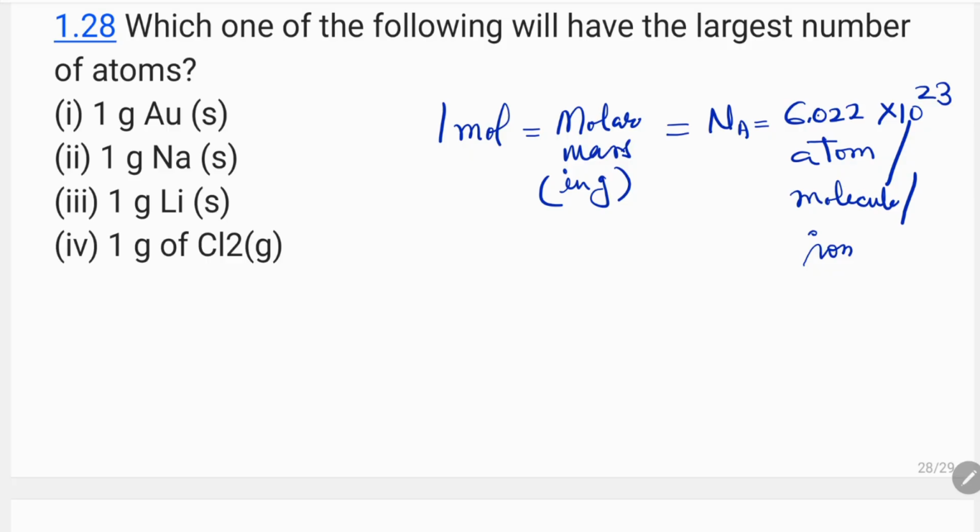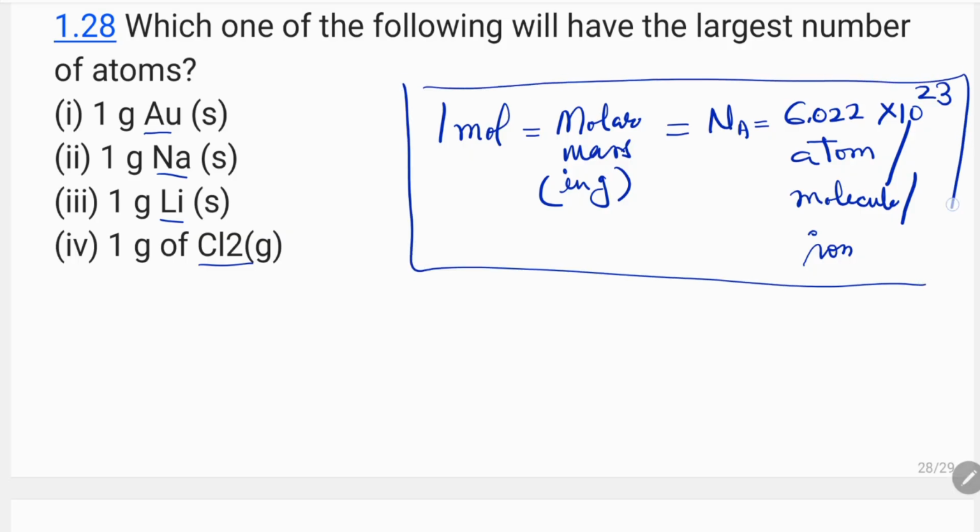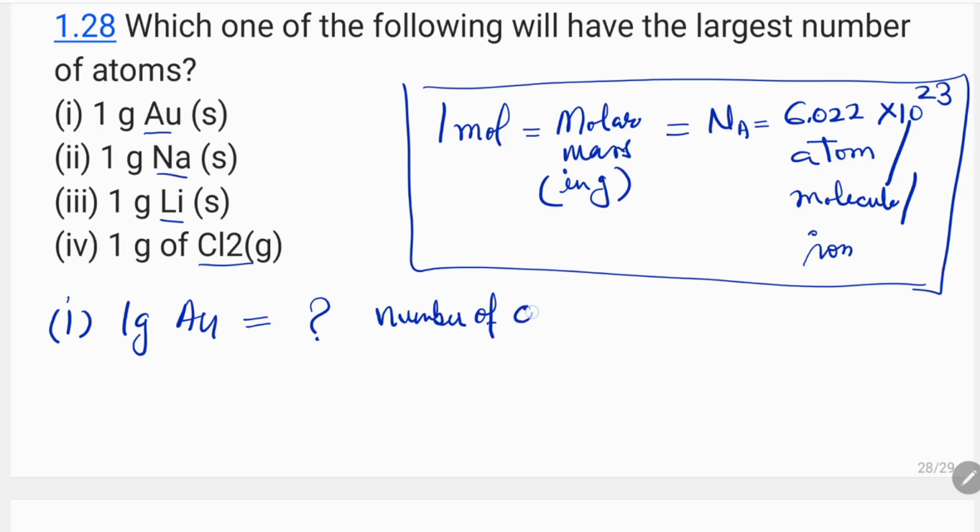So mostly over here we have been given like gold, sodium, lithium, these are atoms, and chlorine as a gas, Cl2, which is a molecule. Ion is not given. So we are going to use this particular equation. So you should remember this equation or this relationship. Now first question is 1 gram of gold is equal to how much number of atoms?